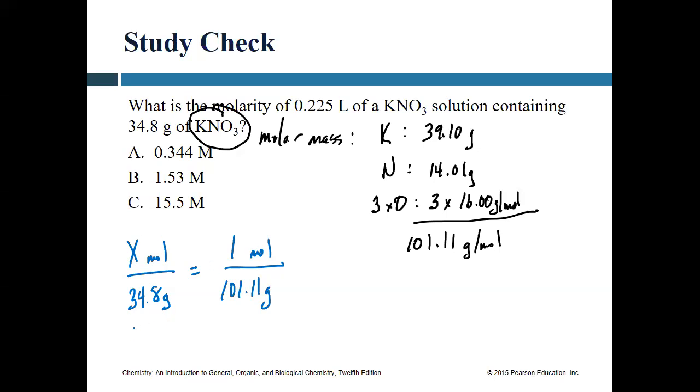Cross multiply, I get 101.11 times X is equal to 34.8. So X is equal to 34.8 divided by 101.11. I get 0.344 moles. And that's moles of potassium nitrate.